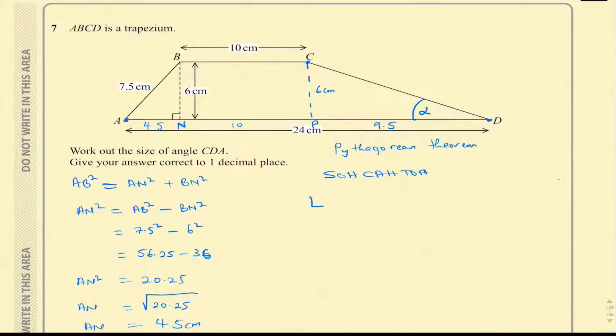In this case, tangent alpha equals opposite, which is 6, over adjacent, which is 9.5. And that implies that alpha is equal to tan inverse 6 over 9.5. And alpha equals 32.3 degrees from using your calculator.